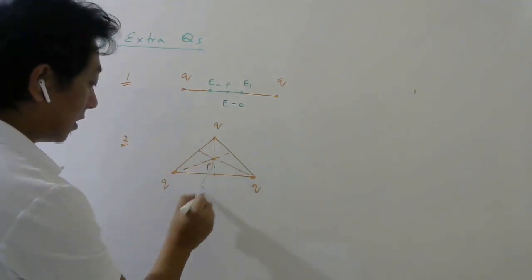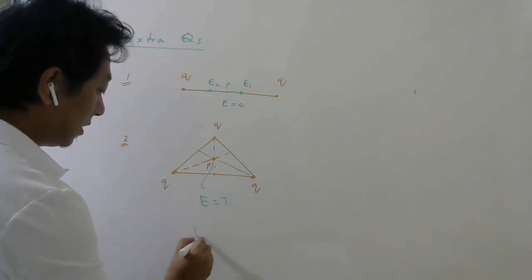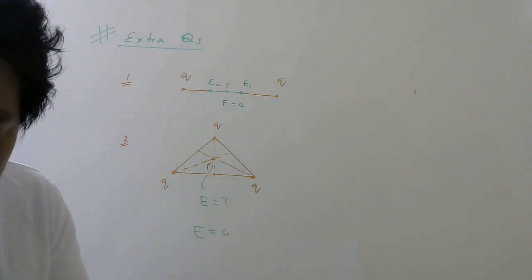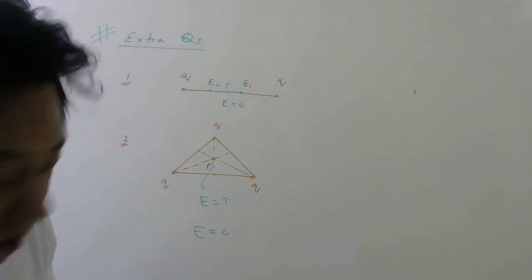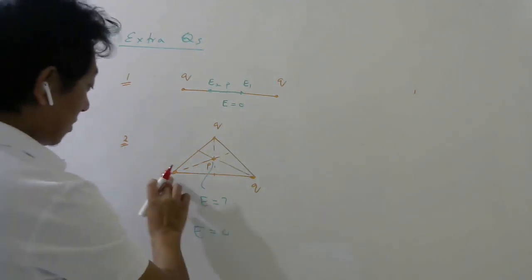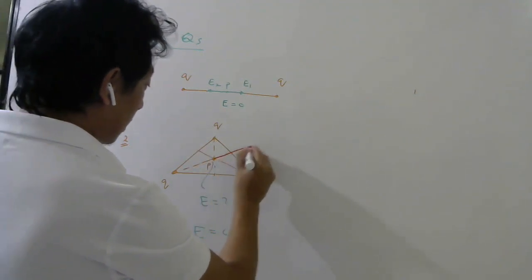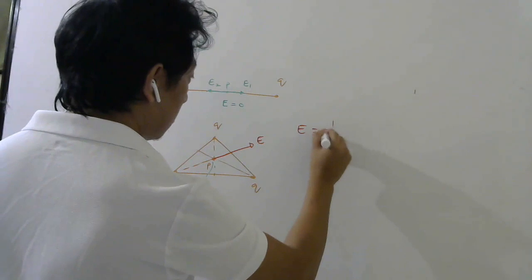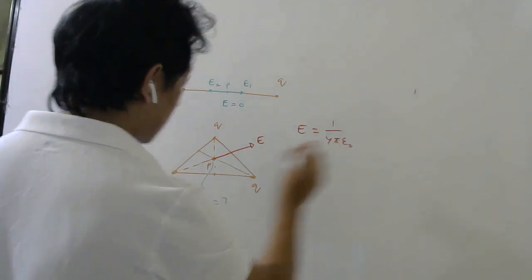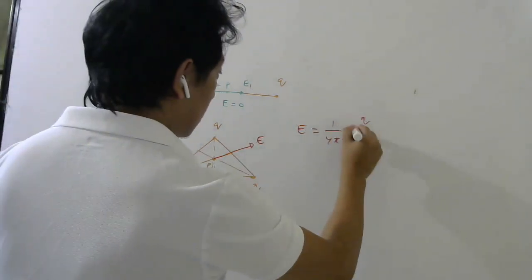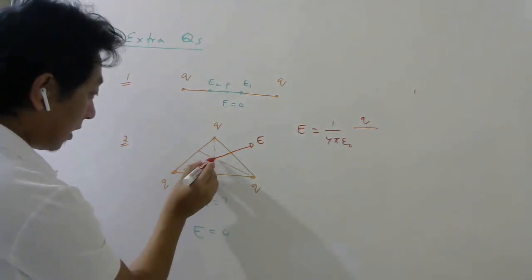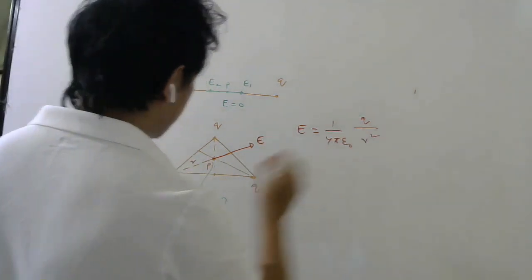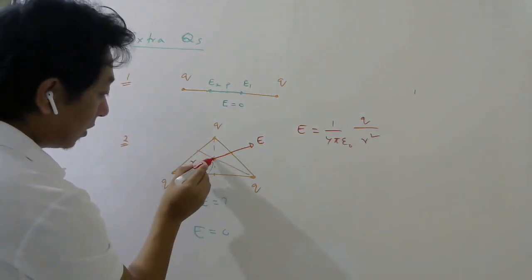The answer is again 0 because of symmetry, but let me try to explain why. Due to this Q, the electric field here will be away in this direction, E. And what will be the value of E? 1 by 4 pi epsilon naught, source charge is Q, and the distance between the source charge and the observation point is, let's say, R, then R squared.